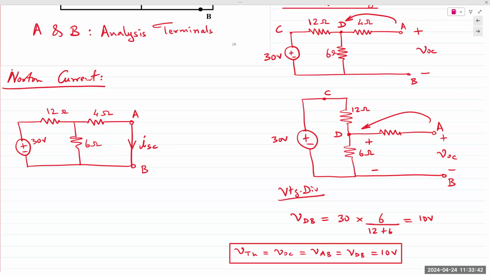So from 4 nodes, you're now down to 3. If this is C and this is D, A and B are the same node. You choose B as your reference. VB is 0. VC is 30 volts. VD is the only unknown left. Yes. Absolutely. Current division. We can find the total current that is flowing because of the voltage source.